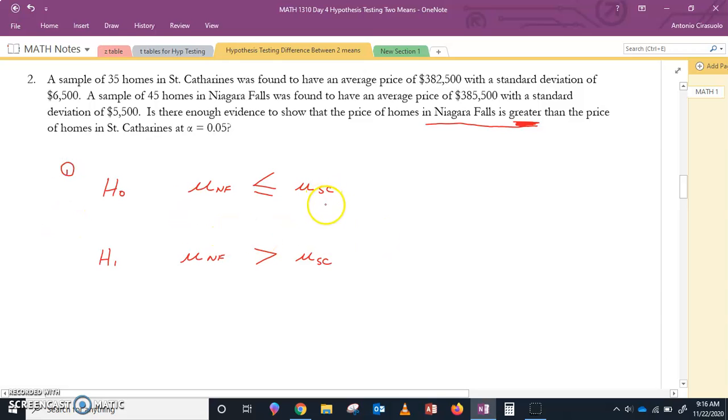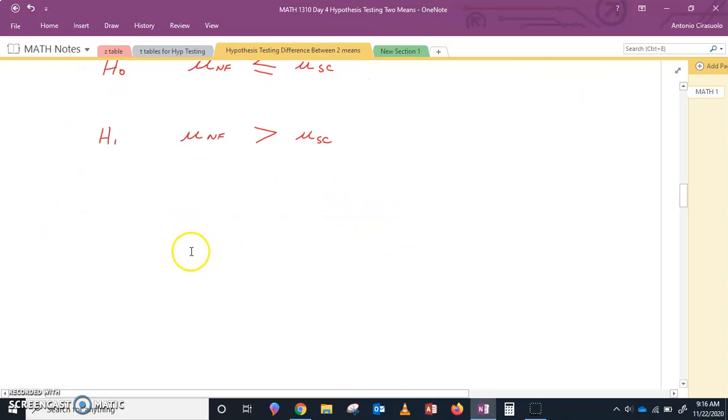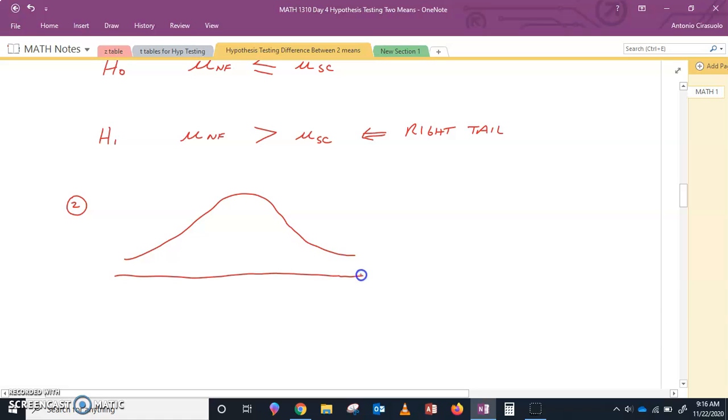Second step, we're going to look at the critical values. And so you can see in this case that since direction is shown, this is going to be a right tail, greater than, a right tail. It's pointing to the right. And so our normal curve looks like this, with a right tail, and the mean, of course, in the center once again.